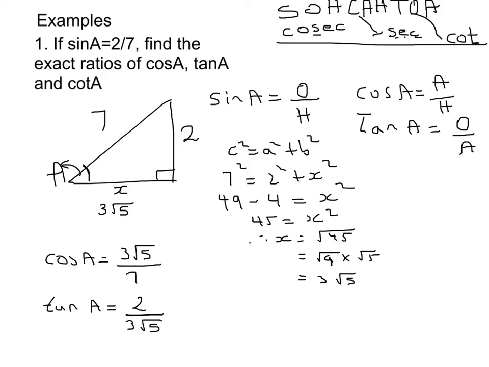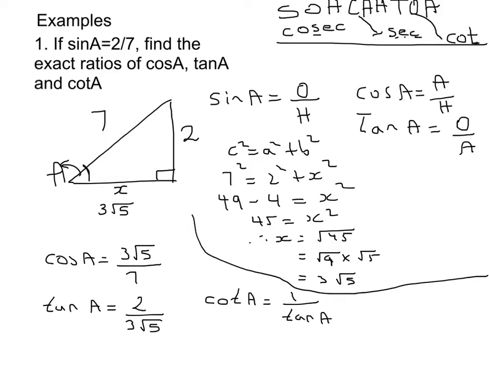And finally, we need to find cot A. Now remember, cot is the inverse of tan, which is 1 over tan A. So what does that give me? I'll just draw a little line here. 1 over tan A, so that's the reciprocal of tan, right?